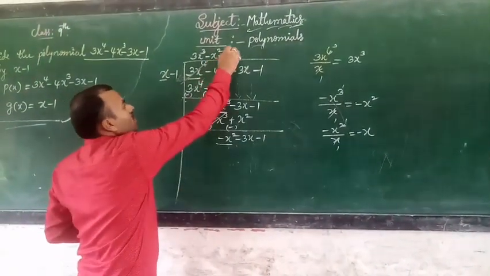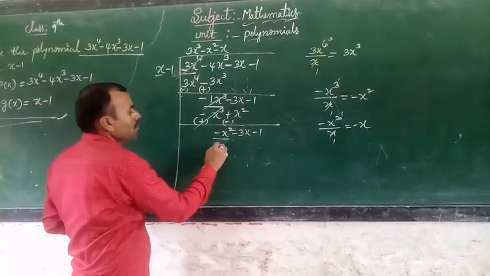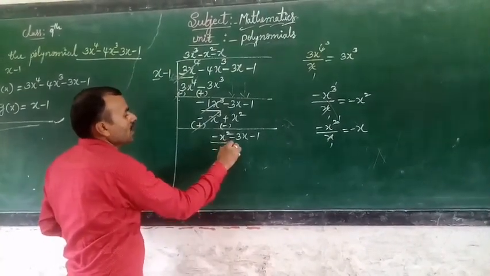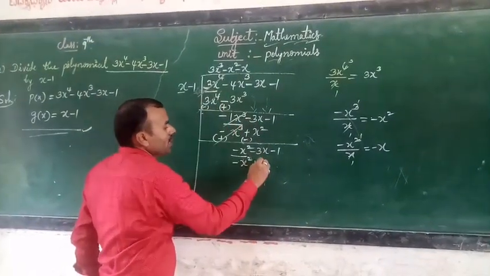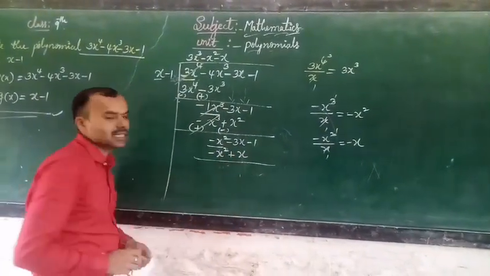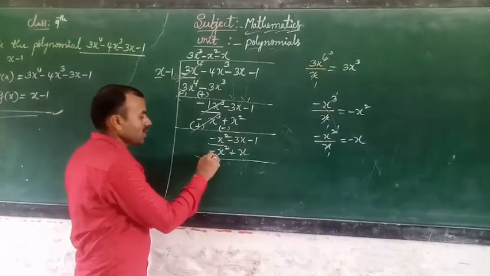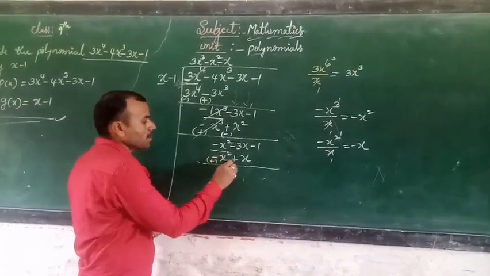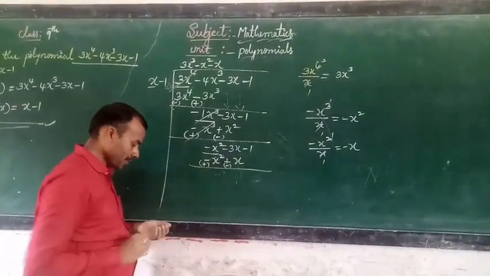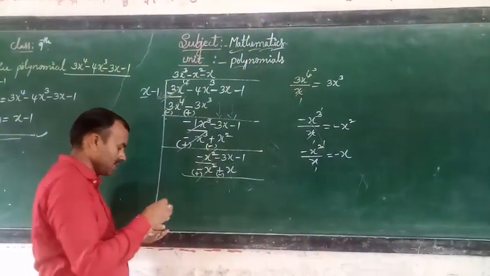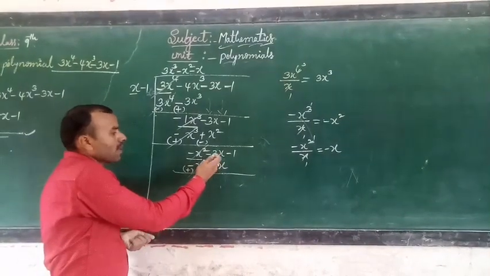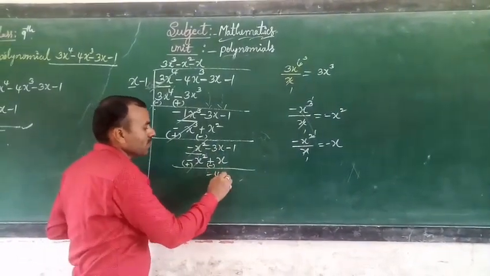Minus x into x square, minus into minus, plus 1 into x. Next, changing the sign, minus is there so write plus, plus is there so write minus. Minus x square plus x square get cancelled. Minus x minus 3x, it is minus 4x.